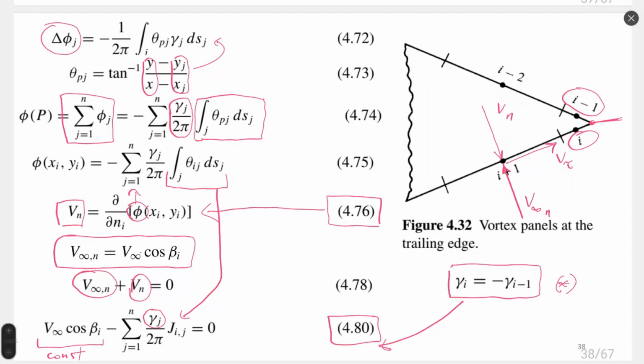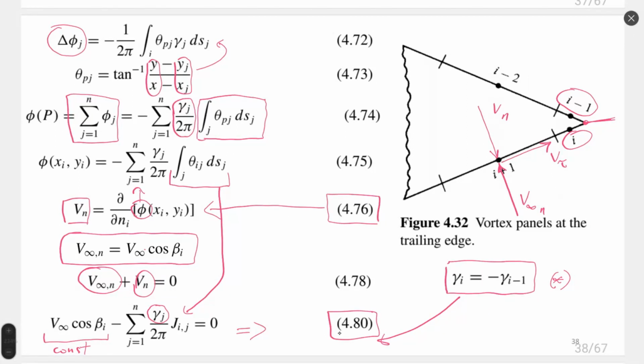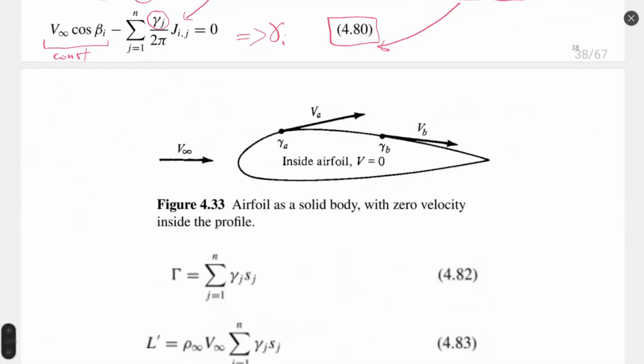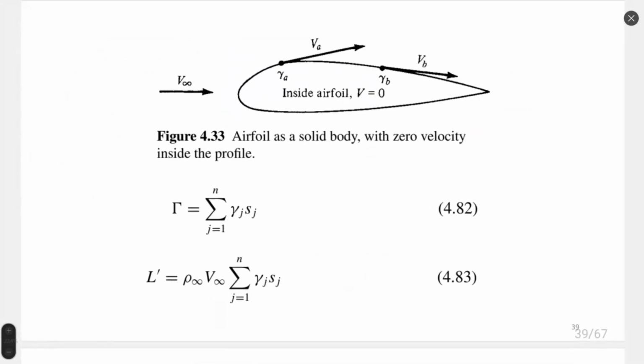After we solve the equation system for 80, we will obtain as a result our unknown gamma values. What we do next with these gamma values, we can integrate, or in the case of numerical solution, instead of integration, we will just calculate a sum of products, where we will summate for all panels, and the product would be the strength of each vortex on each panel multiplied by the size of the panel.